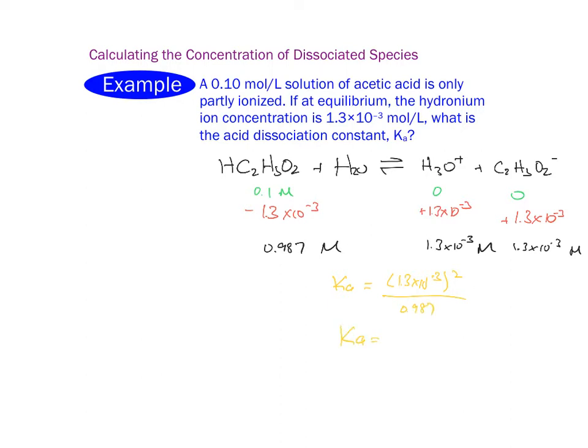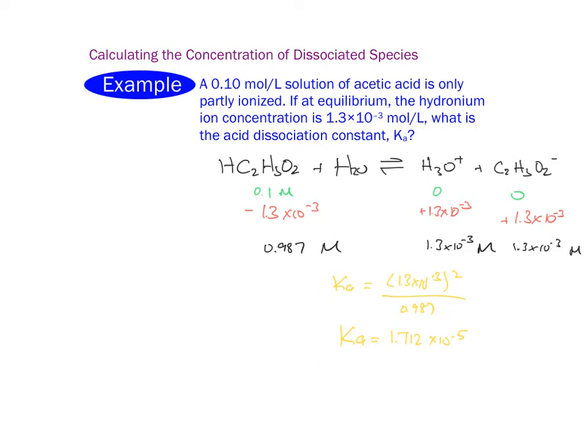So when we do that, we're going to get a constant value of 1.712 times 10 to the negative 5. And there's no units for the value of Ka. Okay?